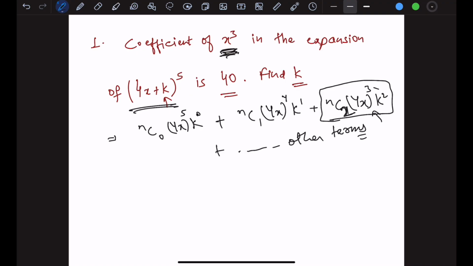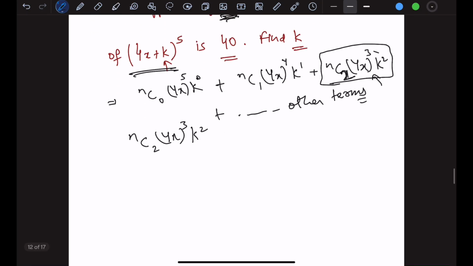So now we calculate this. We write it again here, nC2 (4x) to the power 3 k square. What is n here? n is equal to 5, which comes from the expression.